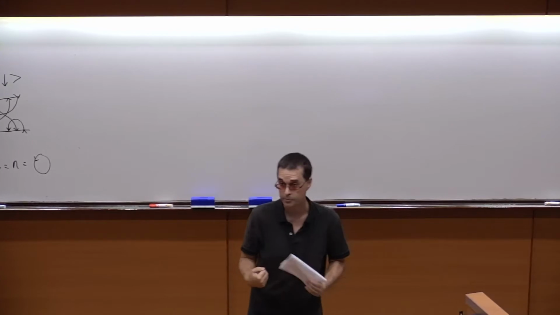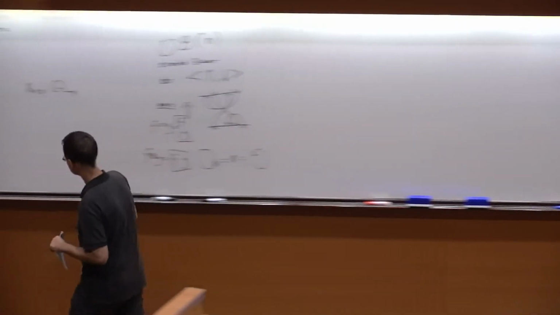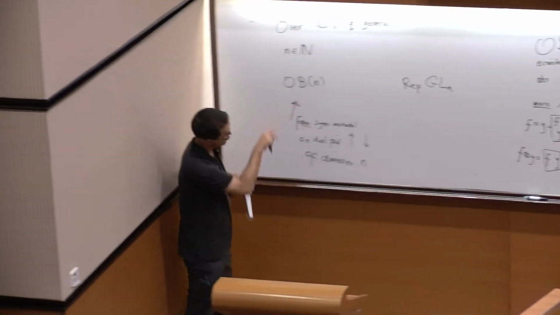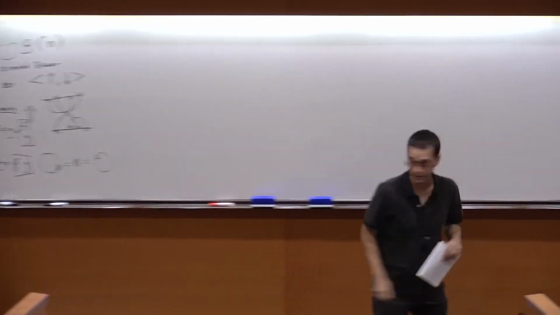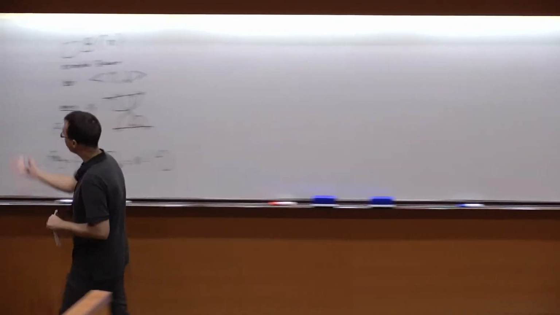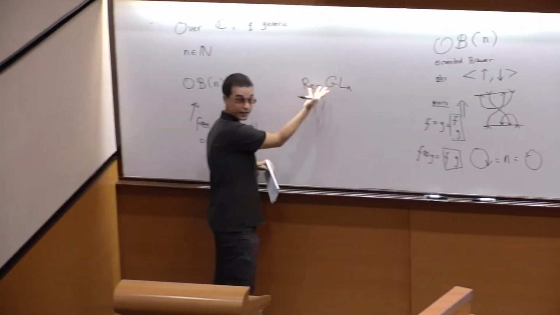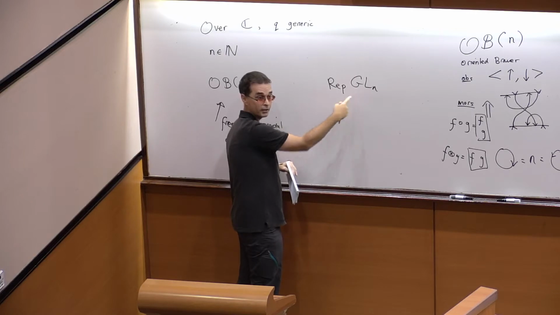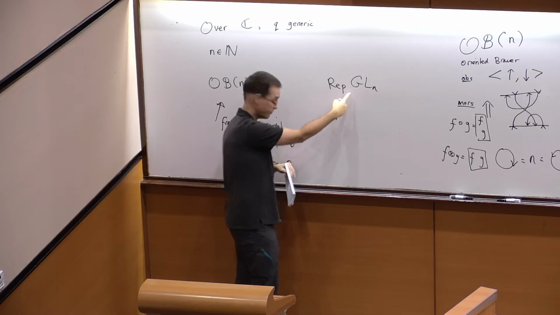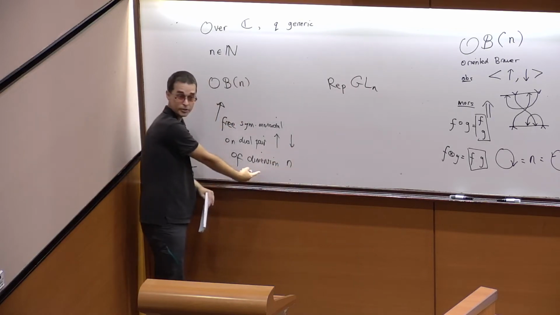I'm over the complex numbers, so it's not maybe good for modular representation theorists, but it's a beautiful monoidal category. It's a symmetric monoidal category. It's generated by the natural representation V and the dual of the natural representation V star. And of course, V and V star both have dimension n.